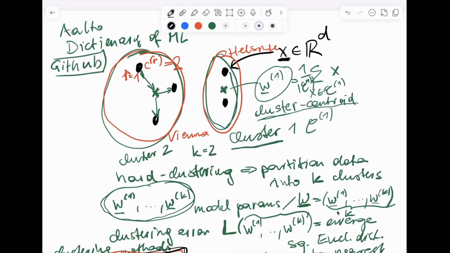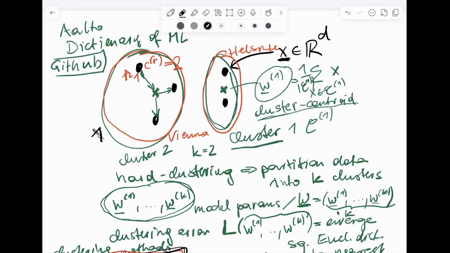So for the node i, they might use this cluster here as cluster 1 and this cluster here as cluster 2. But for the clustering itself, it doesn't matter in which order you use the cluster centroids. So there's some order invariance, which makes this a bit more tricky.